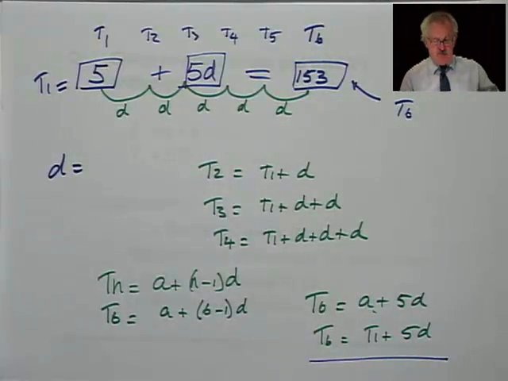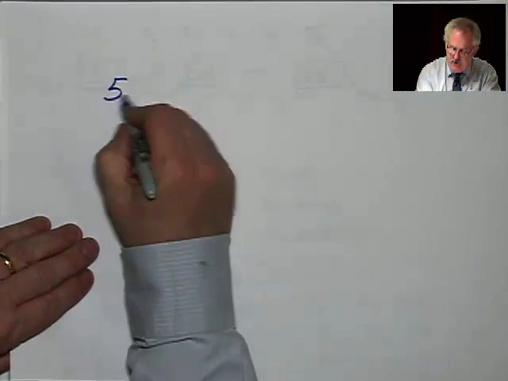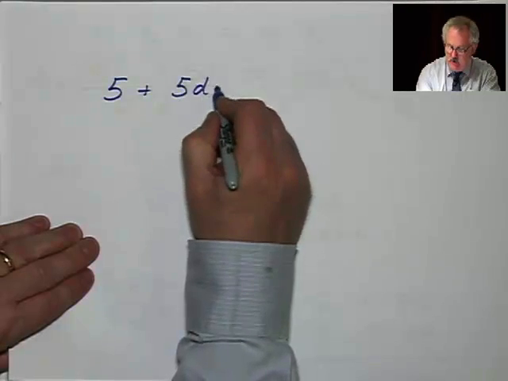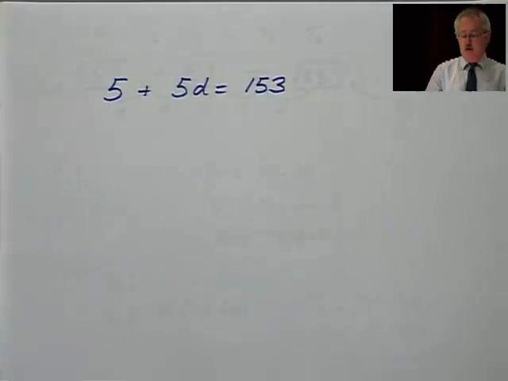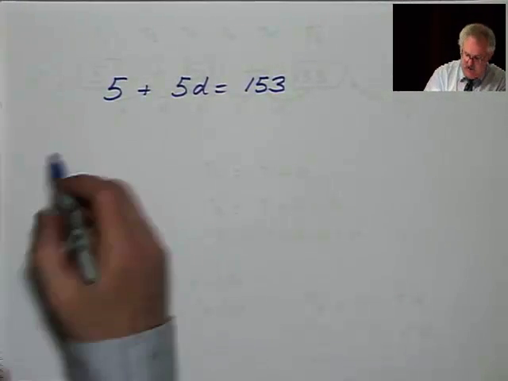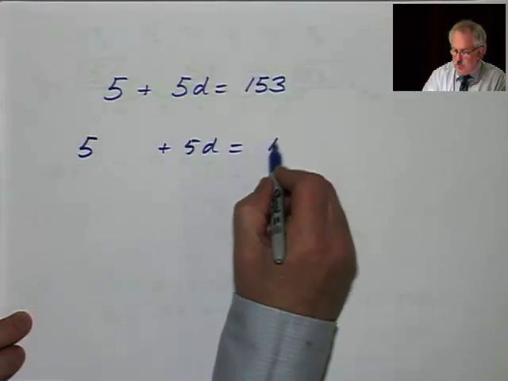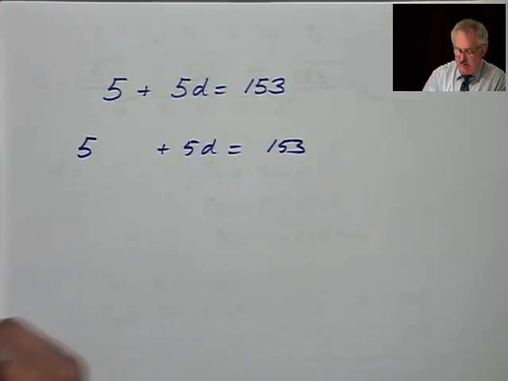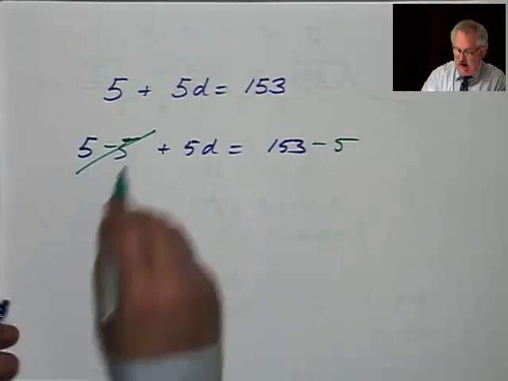So can I solve that? Well, I should be able to. It says that 5 plus 5D is 153. How do I solve that? I don't like the 5 on this side, so I say 5 plus 5D equals 153. I take 5 from both sides. They cancel.